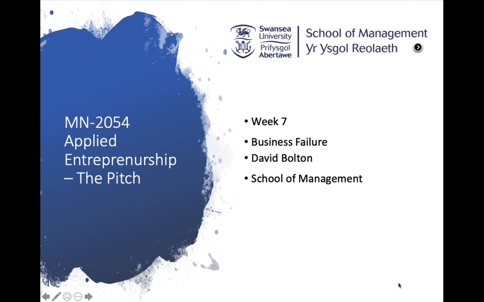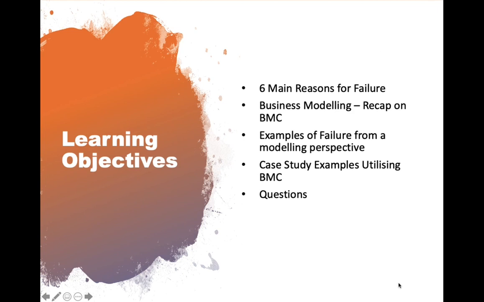So what I'm going to be talking about for the next 20 or so minutes is business failure and the reasons behind business failure. We're going to look at 6 main reasons for business failure that Forbes identified in 2008 in a survey of some of the largest organisations in the US.